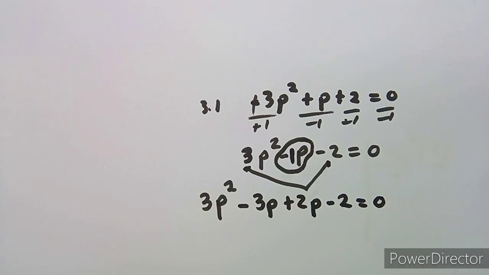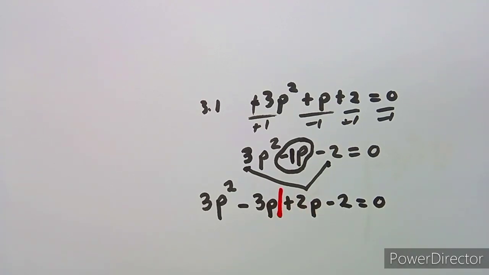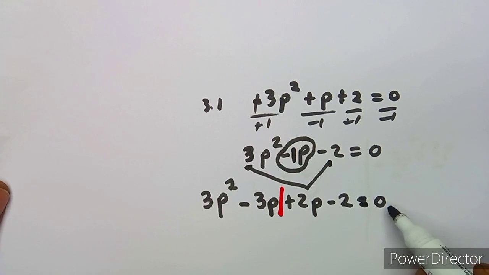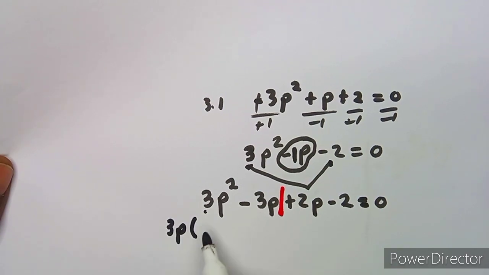The moment we are at this stage, it means we are now able to factorize. Remember how we factorize, guys. It's just applying the same concept of factorization, but remember you are solving an equation, so it's always equal to 0. Here 3p is common, so you can factor out 3p, which gives 3p squared divided by 3p, which is p, minus 3p divided by 3, which is minus 1.